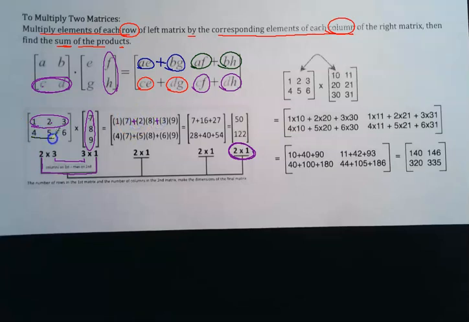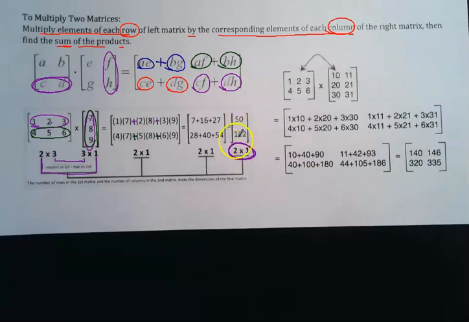Then I'm going to take my second row and multiply it by this one column. So I have 4 times 7 plus 5 times 8 plus 6 times 9. Okay, have to add all of those together. So first I did the multiplication. I still need to go back and do the addition. When I do the addition, I have 50 over 122.